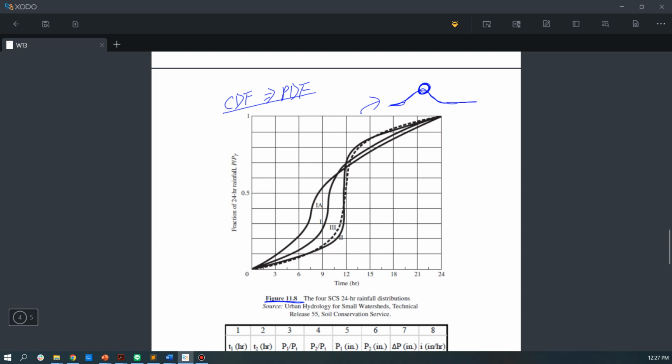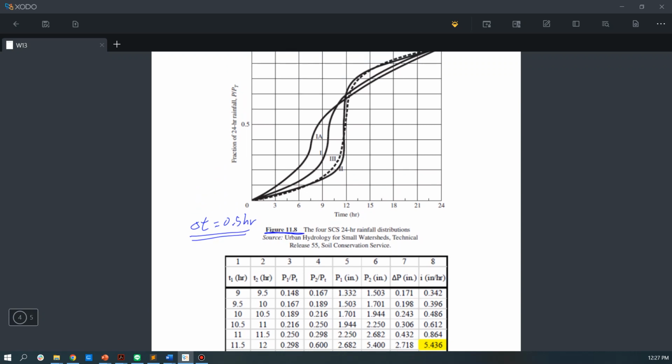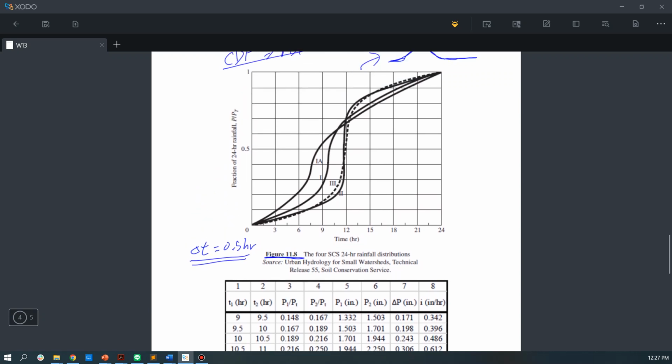So to do that, let's use the delta t equal to 0.5 hour as a resolution to discretize this CDF function that's shown in the figure 11.8.